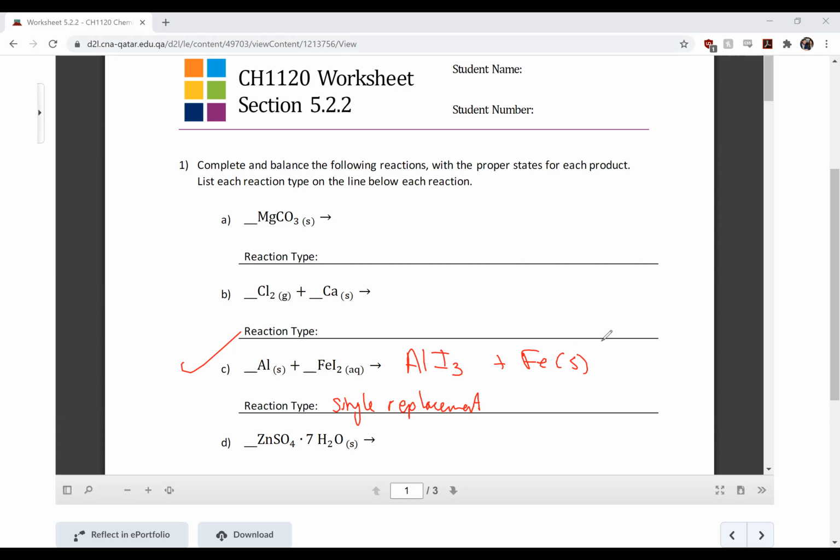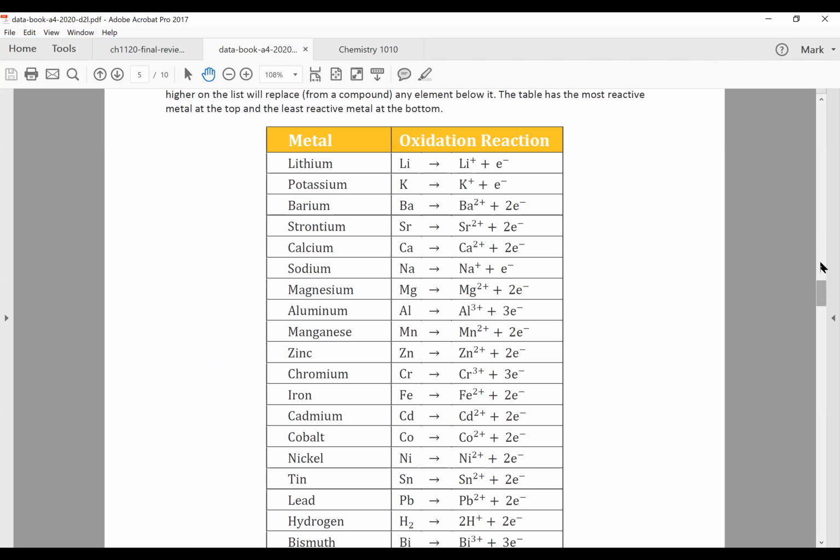Now there's 2 things I need to do with this question. 1, I need to balance it. And 2, I need to look at the phase, to see if this would be solid, liquid, gas, aqueous, what. So I'm looking at AlI3. I'm going to share my data booklet again. So I go to my solubility table.